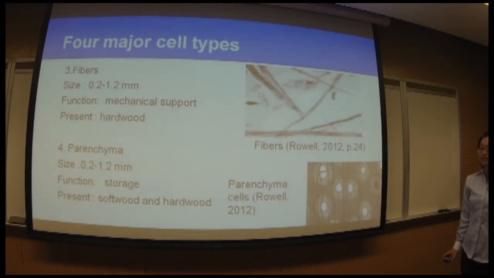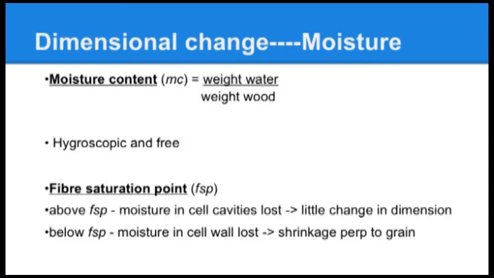And the last one is the parenchyma. It is present in the softwood and the hardwood, and the size of the parenchyma is also 0.2 to 1.2 mm long. The size in the softwood and hardwood is almost the same, and they also have the function of storage.